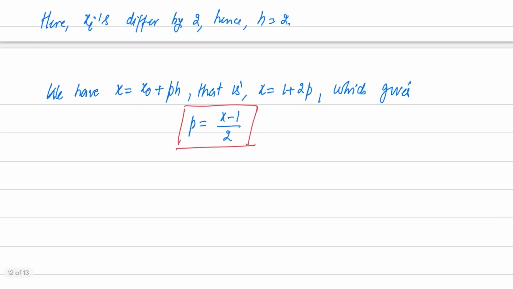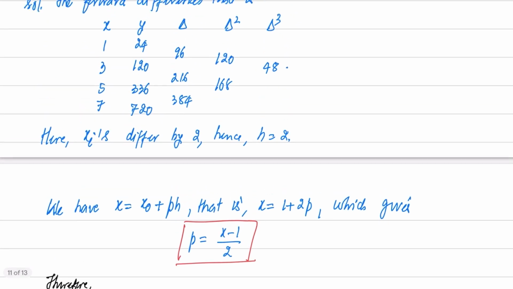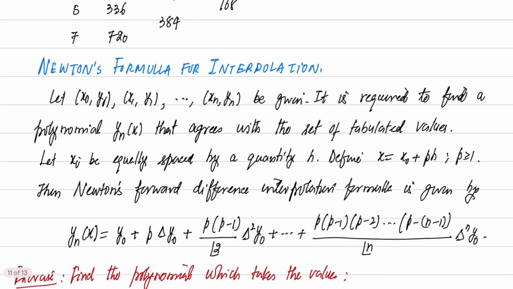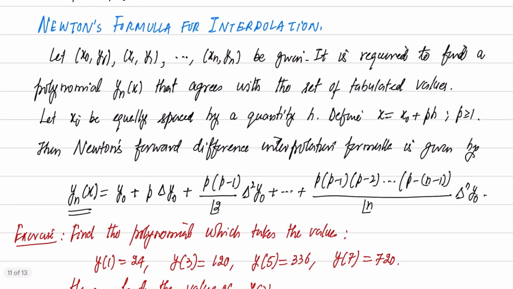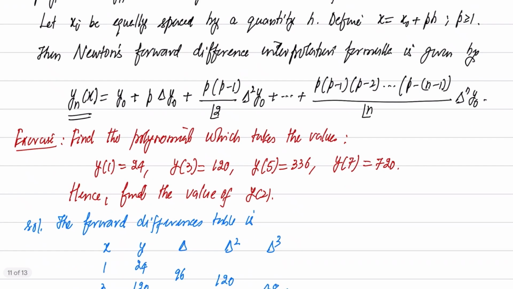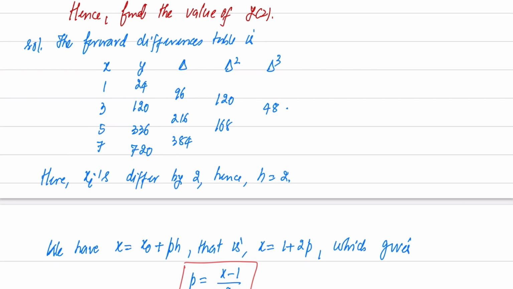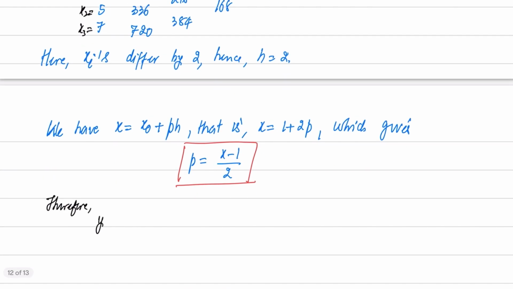So hence now we can substitute the values in the Newton's interpolation formula. Now let's see how many points are given. In the Newton's interpolation formula, if we are given n plus 1 points, then we write the polynomial as yn of x. Now here we are given 4 points, which we can call x0, x1, x2, and x3. That means we will get a cubic polynomial. So we can call this y3 of x.